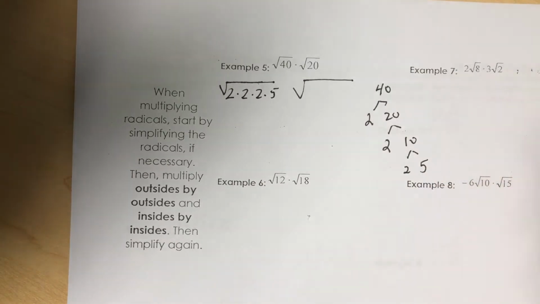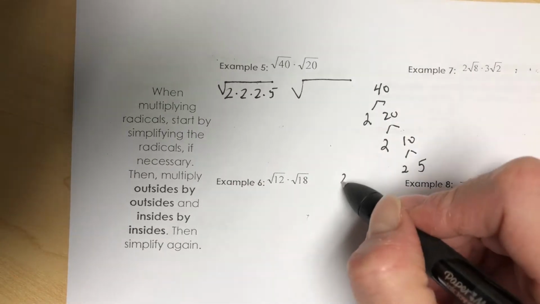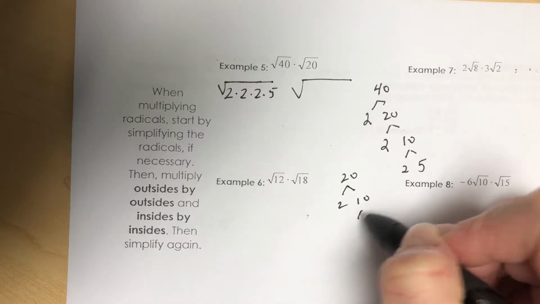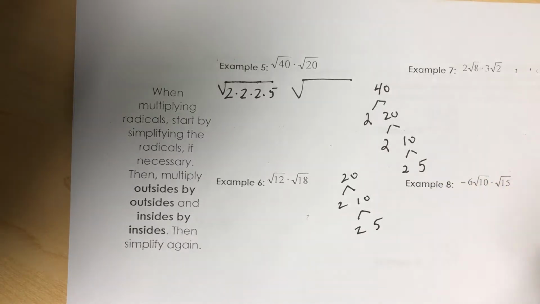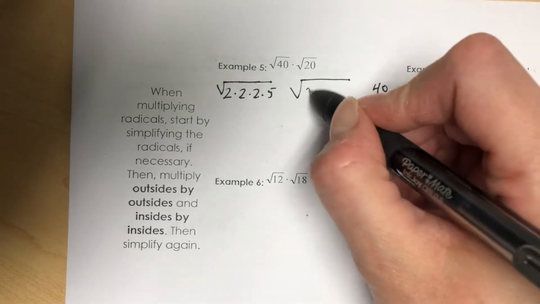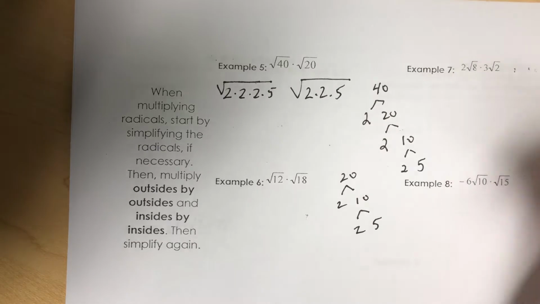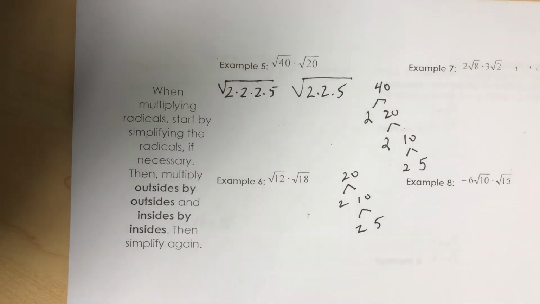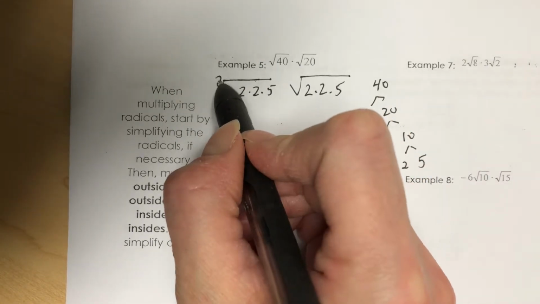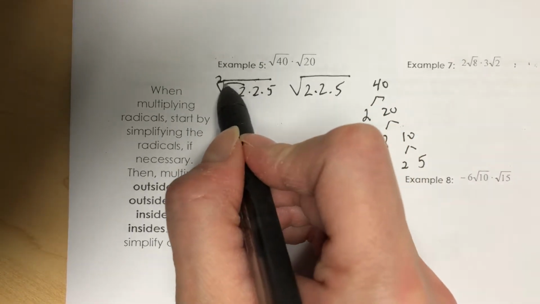With the 20, I can do the same thing. It's 2 times 10. 10 is 2 times 5. And 5 is prime, so I can't go any further. 2 times 2 times 5. Okay, now to simplify it, this is a square root this time. That means the index is 2, and that means that we need to find pairs.